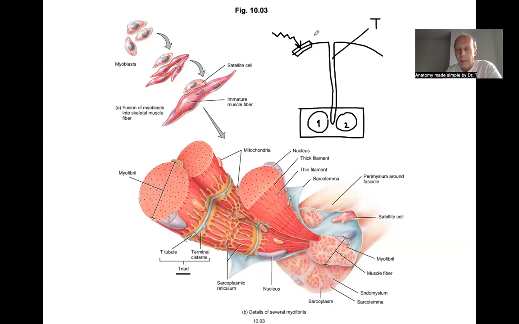As the polarity changes, I will just put here a couple of plus signs to identify the electricity that keeps now traveling from the neuromuscular junction over the rest of the muscle surface. Charges also go deep into the body of the cell using T-tubules.